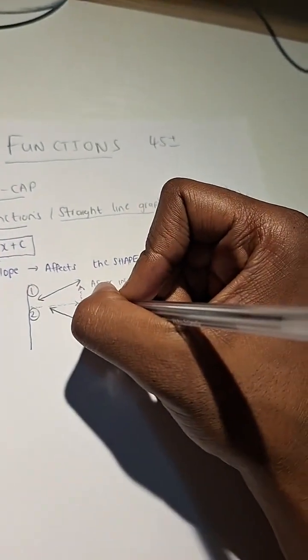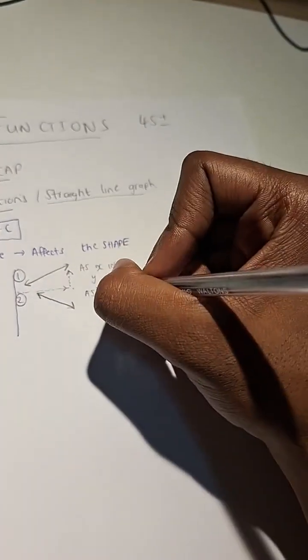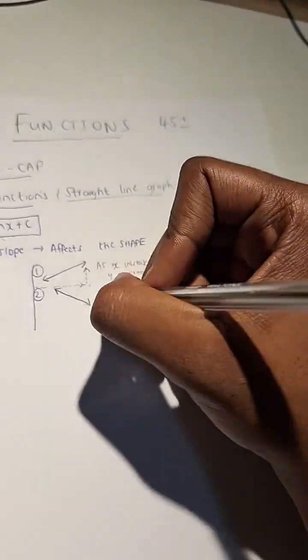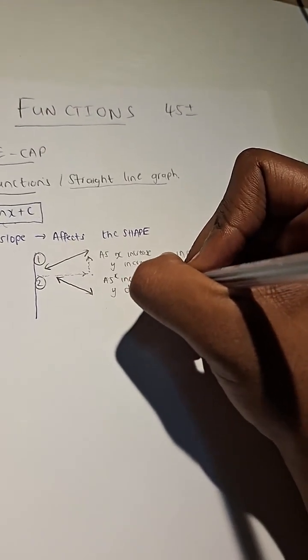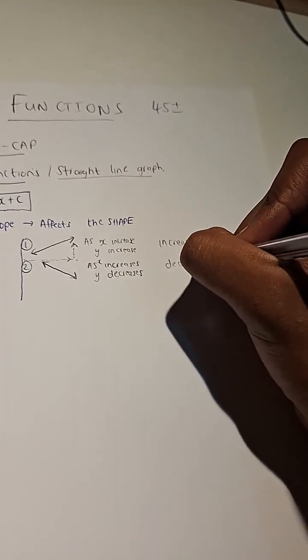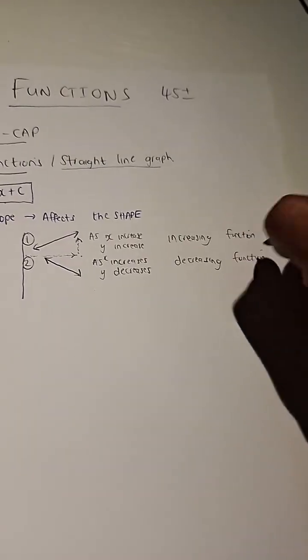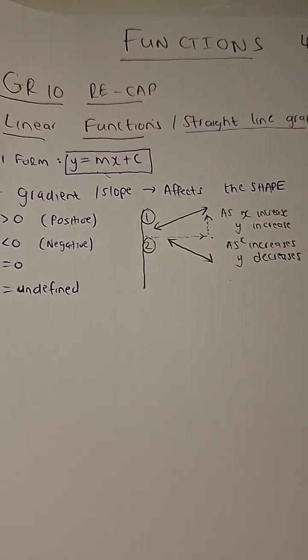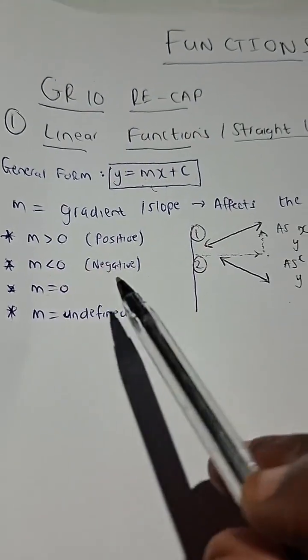In other words, as x increases, what happens to y? Y decreases. So we call this a decreasing function. So that's when the gradient is negative.